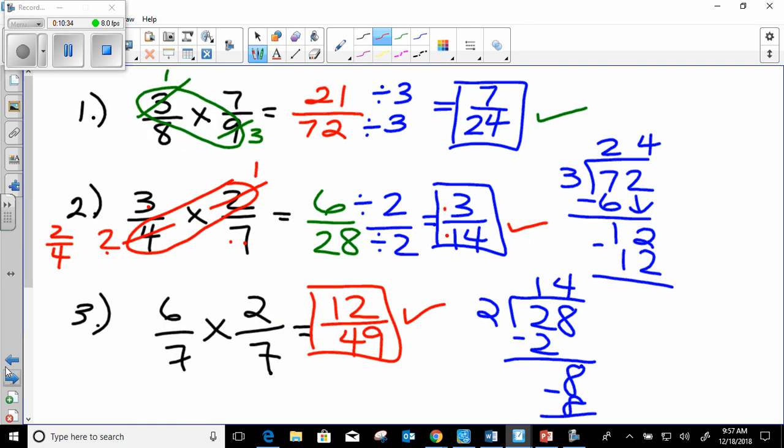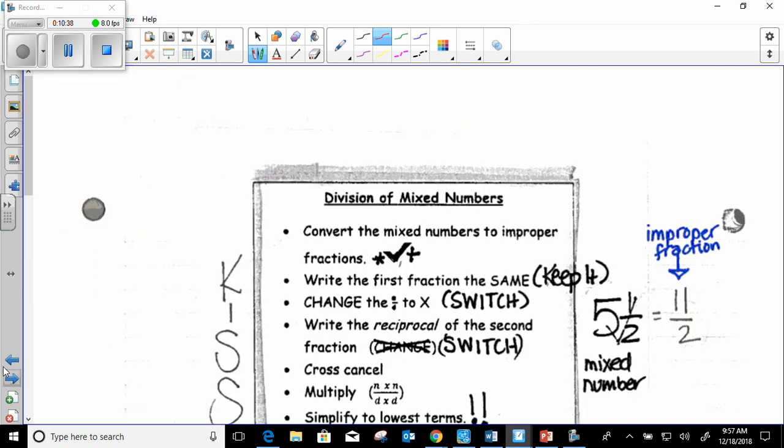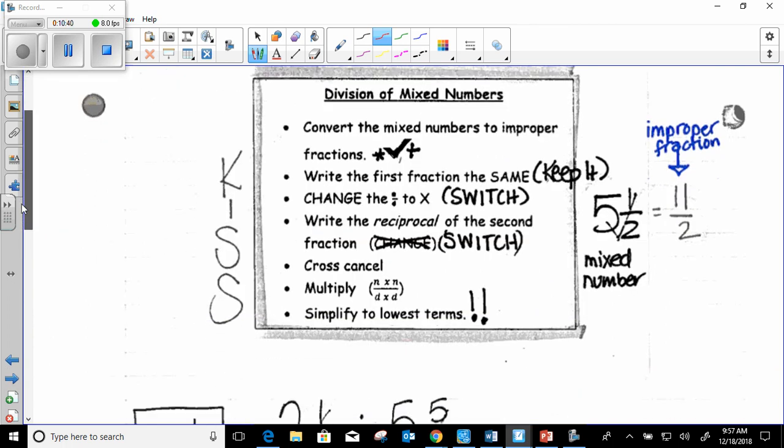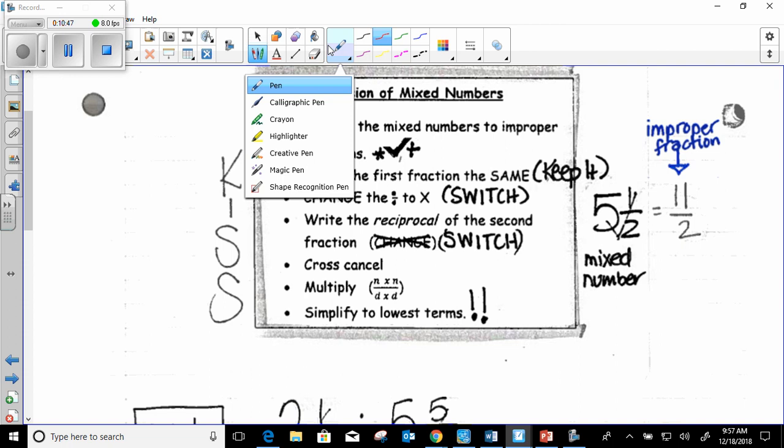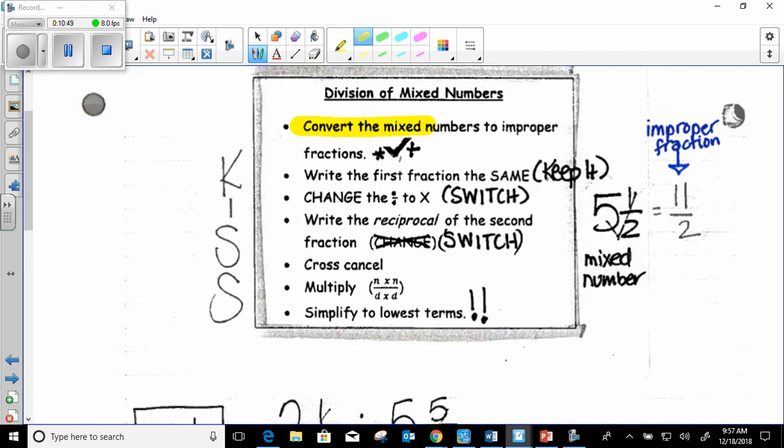We did 3 examples of multiplication here, just as practice. Division of mixed numbers, you're going to do basically the same thing, except for the only difference that you do before, like I said, is that you have to convert mixed numbers to improper fractions first. An improper fraction is over here, 5 1/2. 2 times 5 is 10, plus 1 is 11.